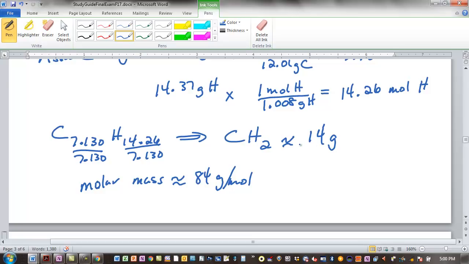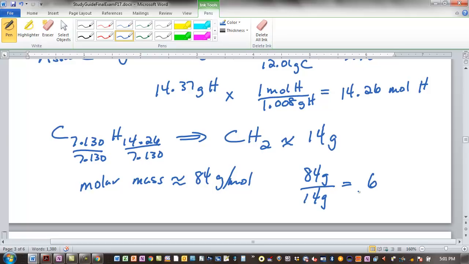So now we have 84 and 14. What's next? Yeah, divide the larger by the smaller. And if you've solved this correctly, you should get a whole number at this point. And for this one, assuming I did my calculation right, you should get 6.